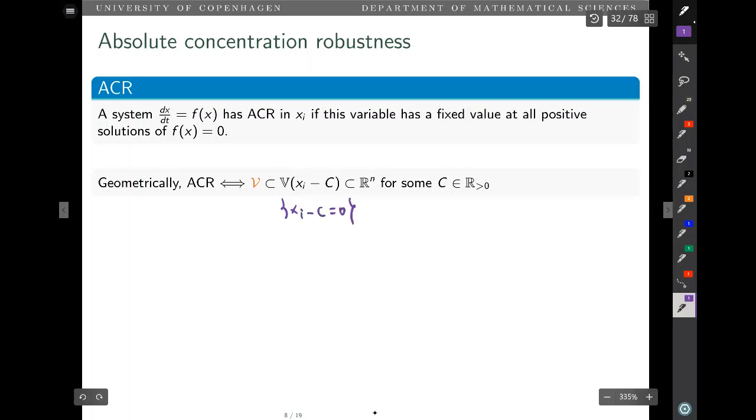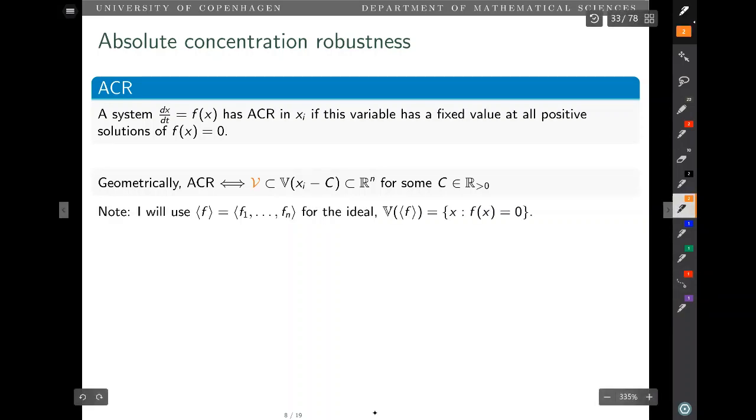This is the notation for algebraic varieties. So I mean here all the points where this is 0. And I'm looking at the real points. And in fact, I'm only interested in the positive points. I don't care what happens in the negative ones. But this is the condition. I need it to be contained in a hyperplane.